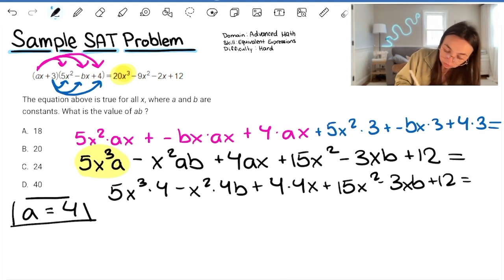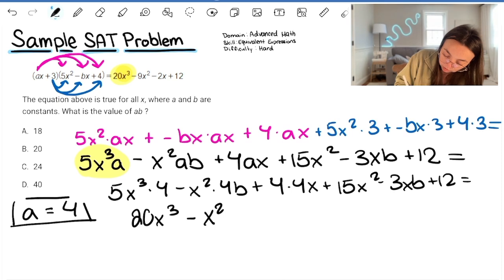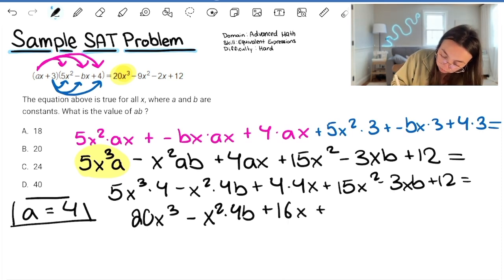And then let's combine 5, 10, 15, 20. Oh, we know that one already. Minus x squared times 4b. We're going to keep it like that. 16x plus 15x squared minus 3xb plus 12.